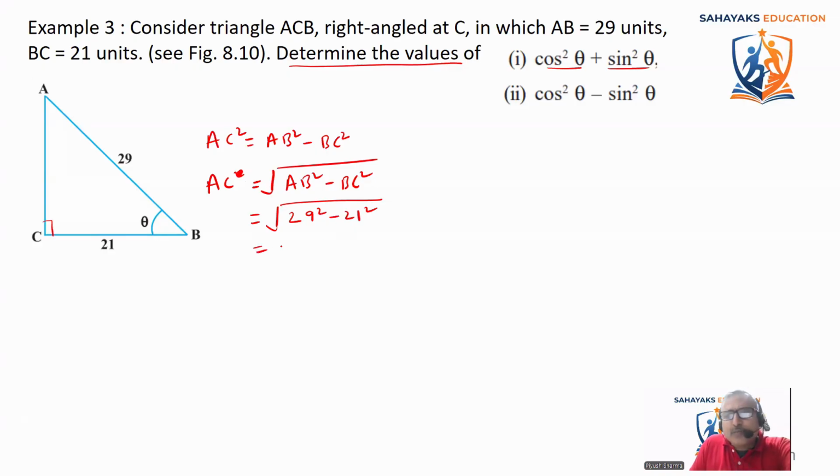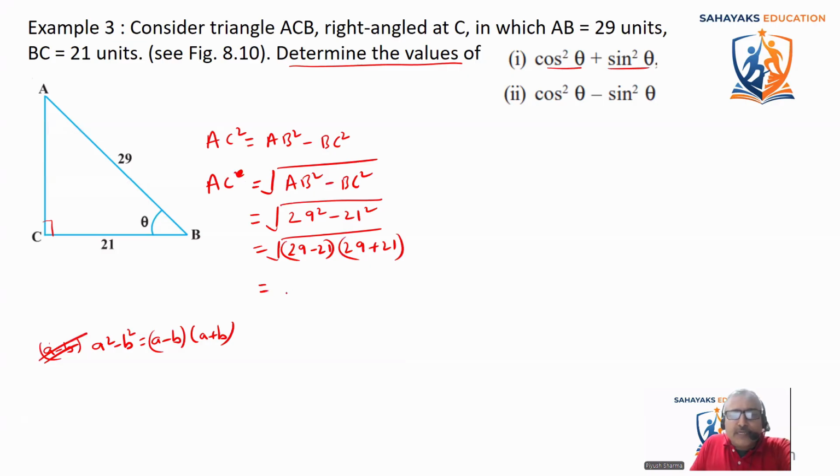This is A square minus B square, which I can write as A minus B into A plus B. So I'm writing 29 minus 21 multiplied by 29 plus 21.